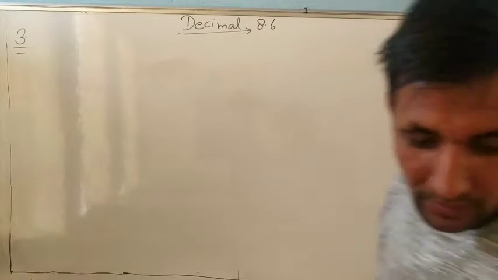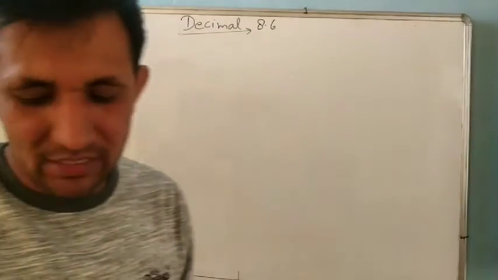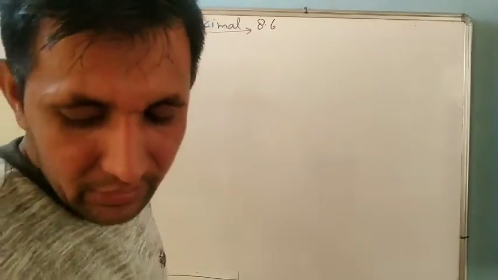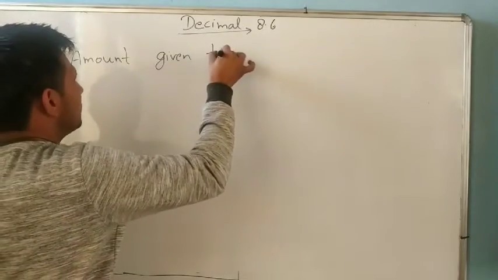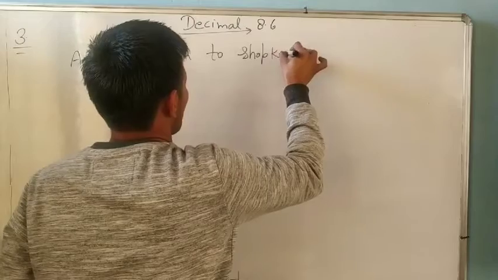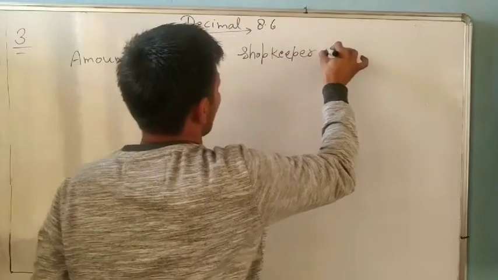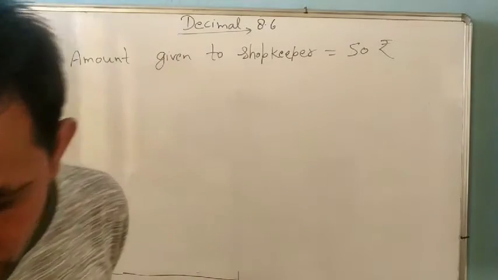So what is given? Raju bought a book for 35.65 rupees. Okay. He gave 50 rupees to the shopkeeper. So how much amount given to shopkeeper? Right? Amount given to shopkeeper. How much amount is given? 50 rupees.